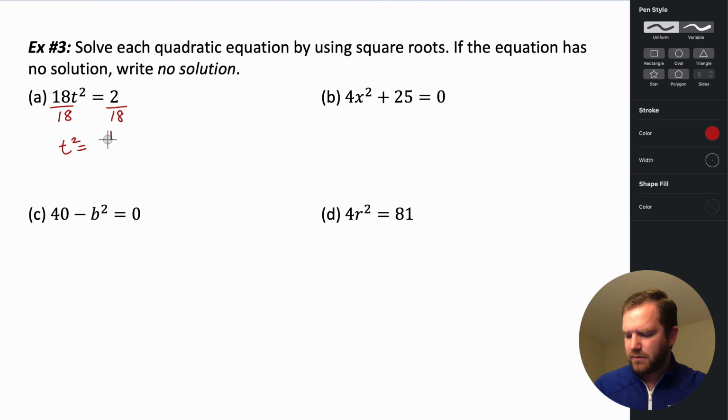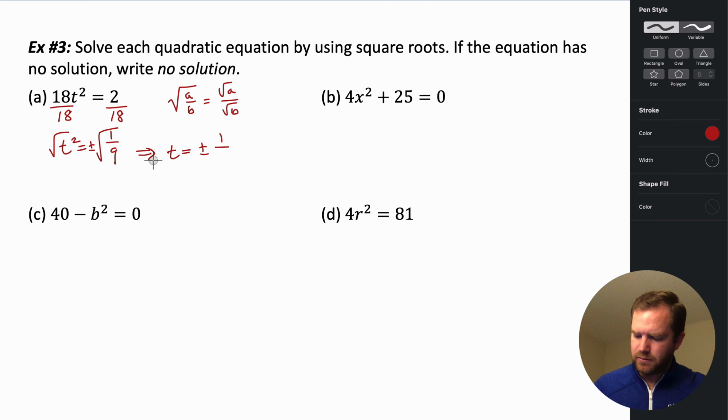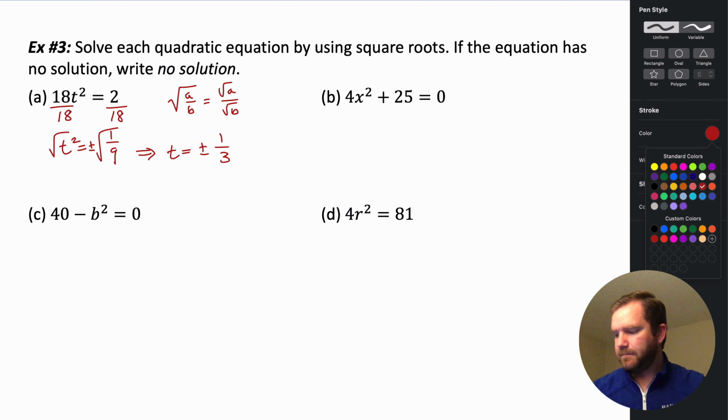That fraction can be reduced to 1/9. So now I can take the square root of both sides, plus or minus. Now, if you remember, when we take the square root of a fraction, it turns into a fraction of 2 square roots. So you basically just take the square root of the numerator, take the square root of the denominator. So that means that t then would be plus or minus. Square root of 1 is 1. Square root of 9 is 3. So we're going to get plus or minus 1/3.